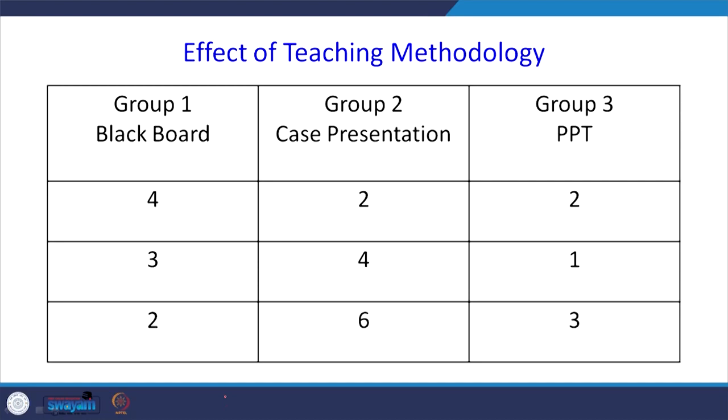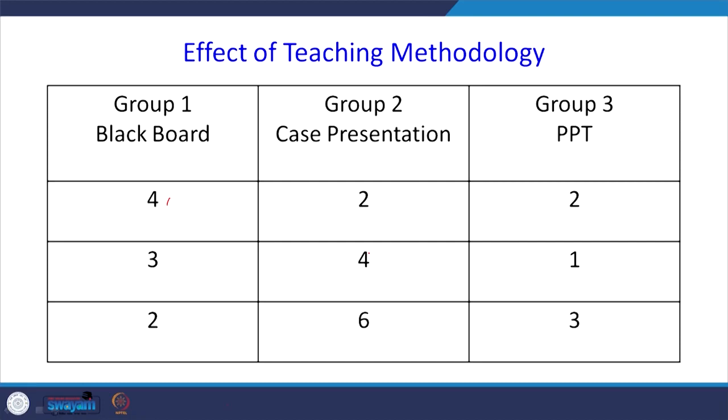So, what you see here is the marks obtained by the students when they are asked to study in the blackboard group, the case study group, and the group where the teacher is using only PowerPoint presentations. These values are the marks.